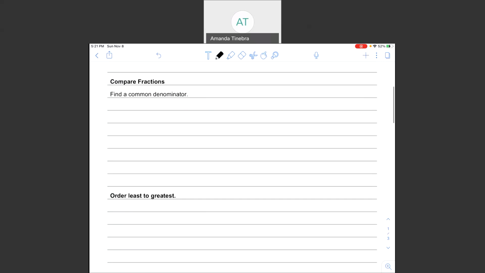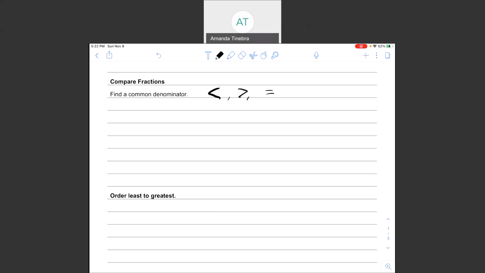Whenever we compare fractions, we always want to find a common denominator. So let's say we were asked to compare fractions using the less than, greater than, or equal sign. Remember that when we do these, the larger side always faces the bigger number.